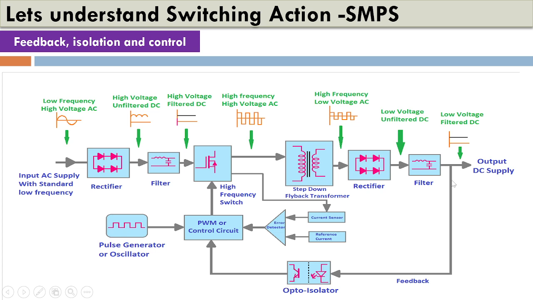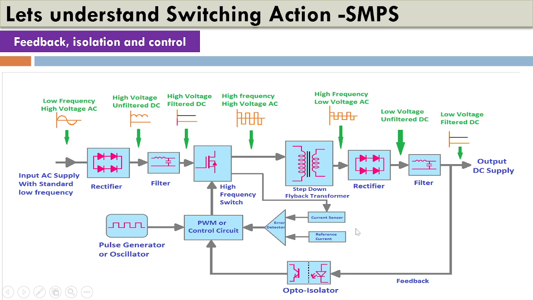Depending on the current, the intensity of the LED will increase or decrease, and correspondingly it will create a difference voltage at the output of the photosensors, which will create a reference change in the control circuit.